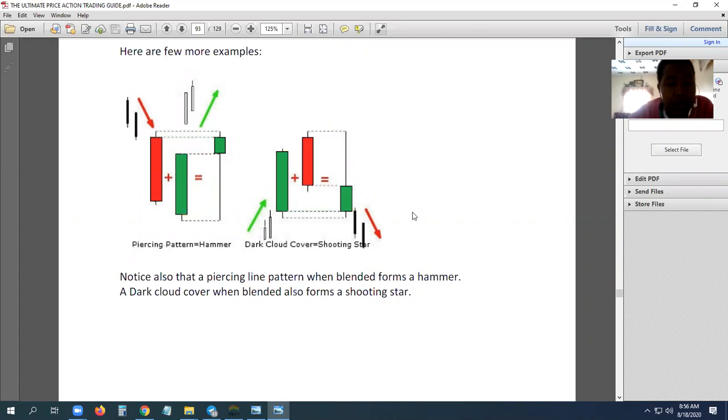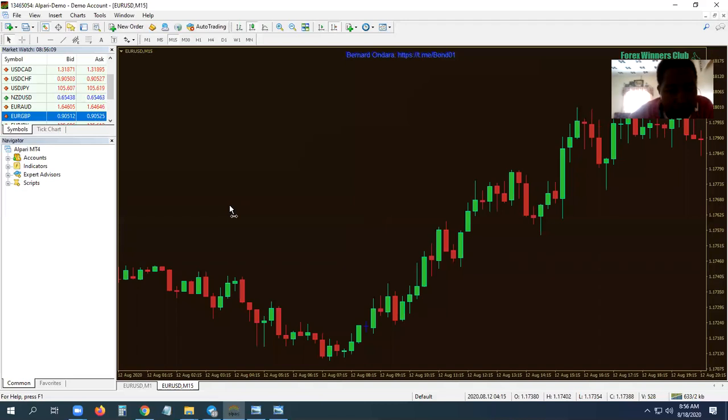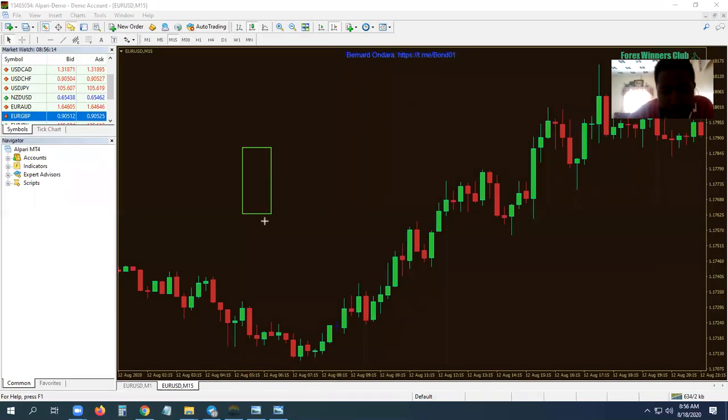Yeah. Now, a Marubozu will communicate different things depending on where you find it. For example, when you find this kind of candle, it means the bulls are very strong. The market's likely to continue going up because it closed here without rejection.